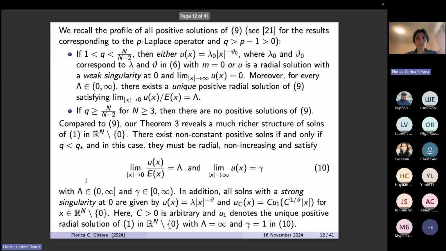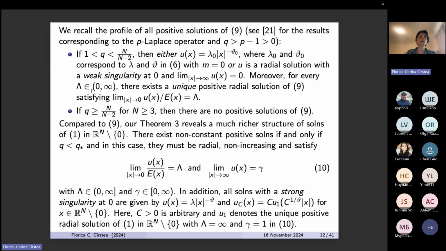Okay, so now, as a quick reminder, I reminded you yesterday. If we are taking Laplacian of u equal u to the q, and q is between 1 and n over n minus 2, then either u is the power function, lambda 0 modulus x to the minus theta 0, or it is a radial solution with a weak singularity at 0 and decaying to 0 at infinity.